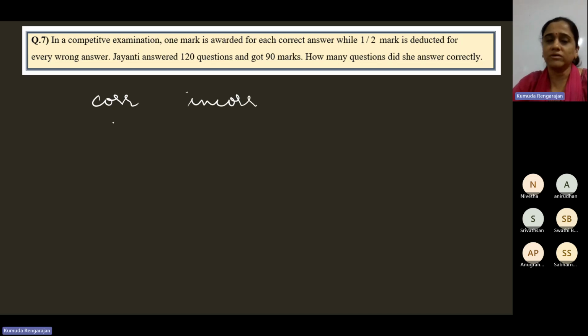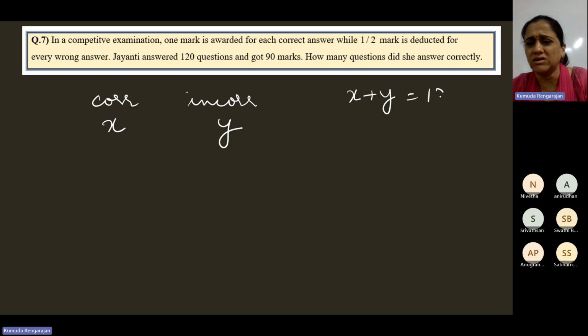So let the number of questions answered correctly be x, incorrectly be y. So the first equation is correct answers plus incorrect answers is equal to the total number of questions, 120.